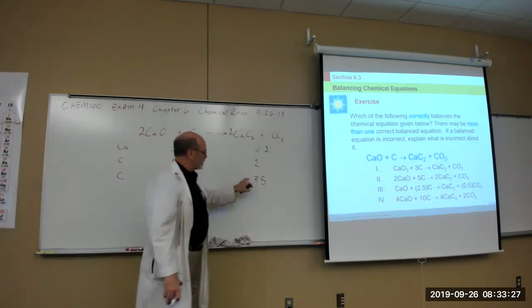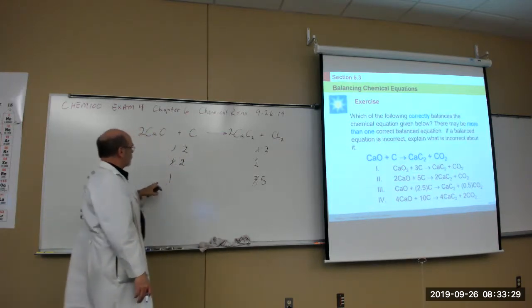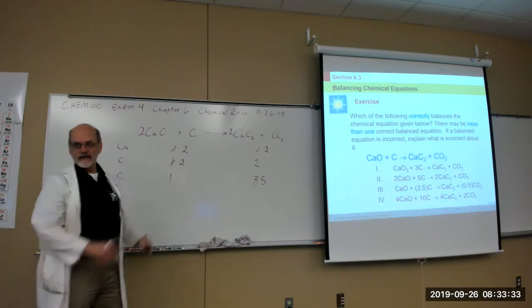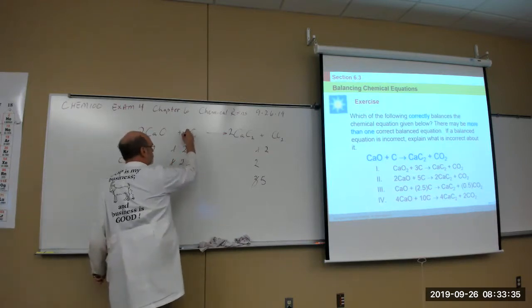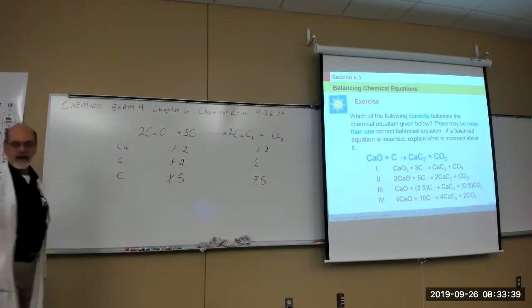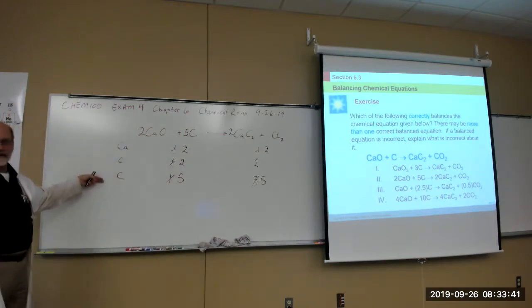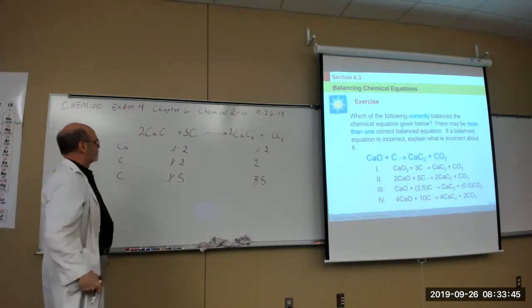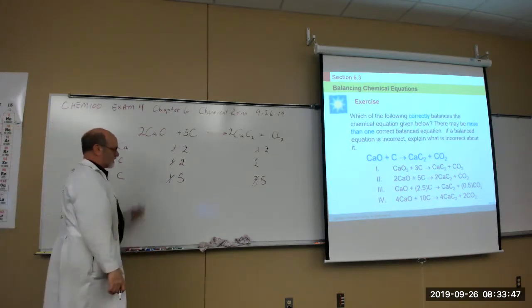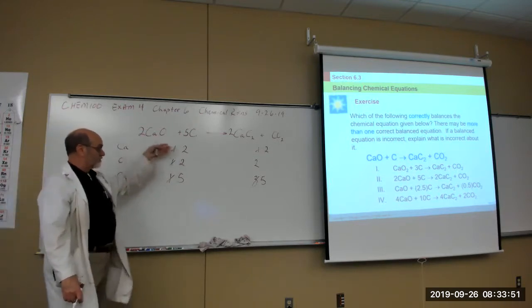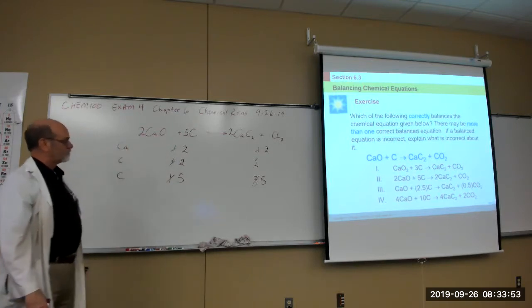We've got 5 carbons on that side, we need 5 on this side. So there's our carbon sitting all by itself. All we have to do is that. And now it's balanced. 2, 2, 2, 2, 5, 5. And then you can go check yourself. But this should be sufficient. I mean, if there's balance there, you should be right.